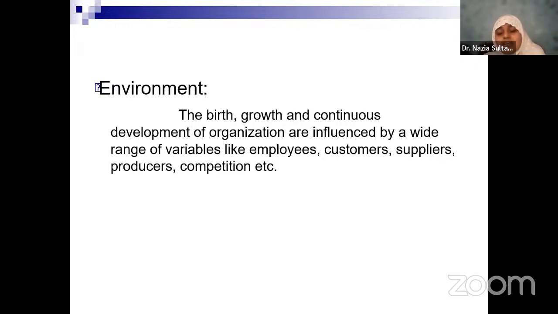So the environment is a greater set which comprises many subsets within it. And each one of the subsets will have some impact or other on the activity of a business.